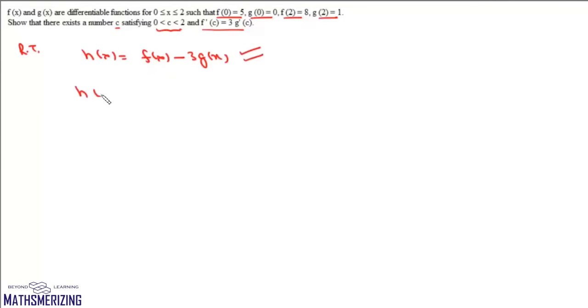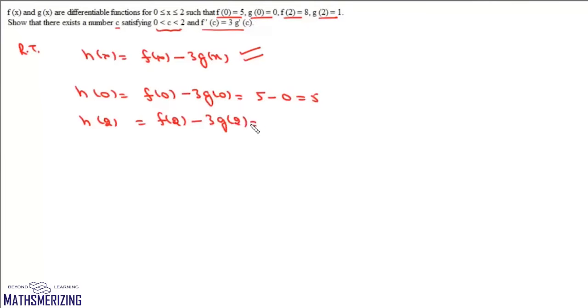Now if we find h(0), it will be f(0) minus 3 g(0). Now f(0) is 5 and g(0) is 0, so h(0) is 5, and h(2) will be f(2) minus 3 g(2). Now f(2) is 8 and g(2) is 1, so 8 minus 3 is 5.